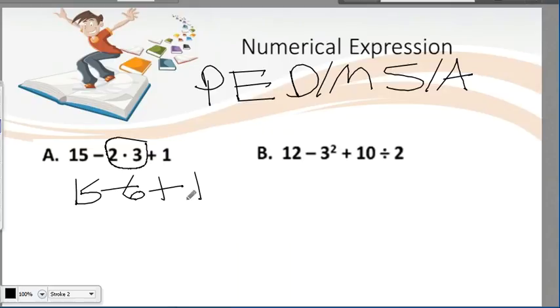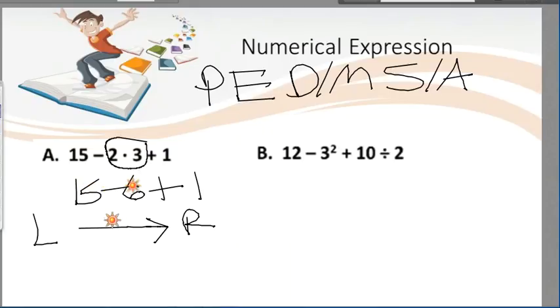We only have addition and subtraction left, so we're going to start at the left of our problem, and we're going to work right. So 15 minus 6 is 9, and then 9 plus 1, which is 10.